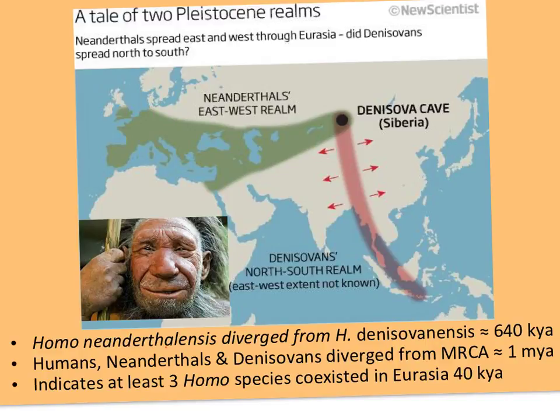We still don't know much, only a few bones of Denisovans have ever been recovered, so we don't really know what they look like, but we know that they're separated from Neanderthals. Humans and Neanderthals and Denisovans had a most recent common ancestor, probably about 1 million years ago.